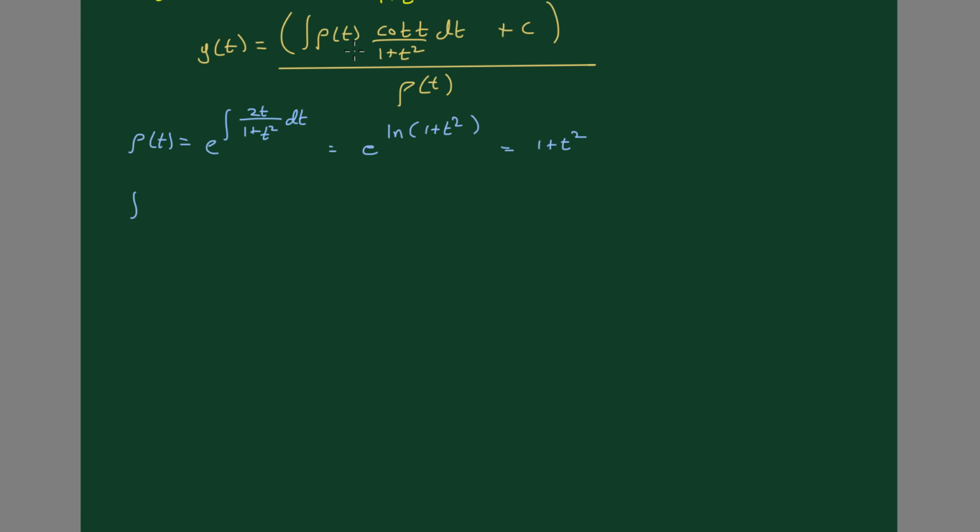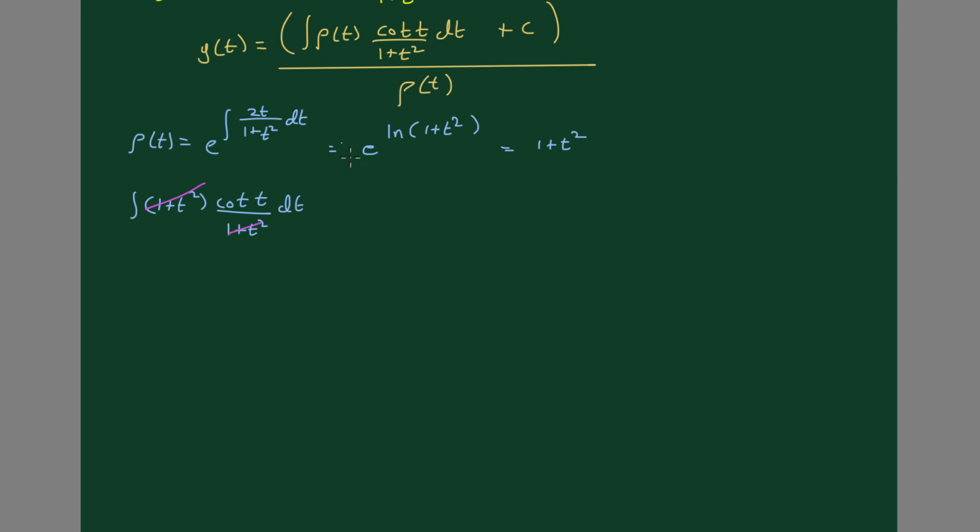So we have the integral of rho of t times cotangent of t over 1 plus t squared dt, which is 1 plus t squared times cotangent of t divided by 1 plus t squared dt. And of course, these two cancel out.